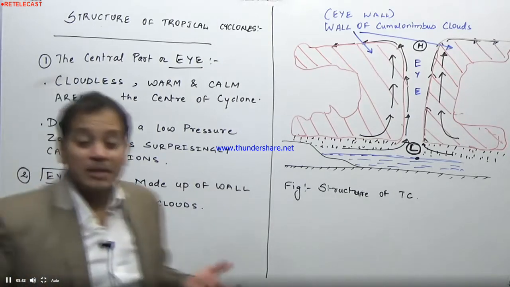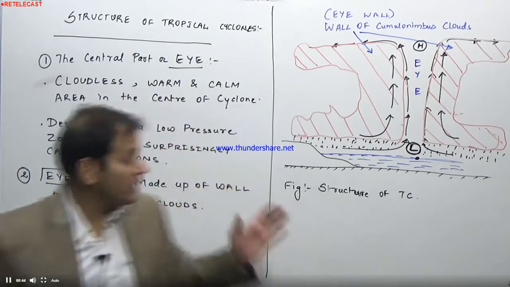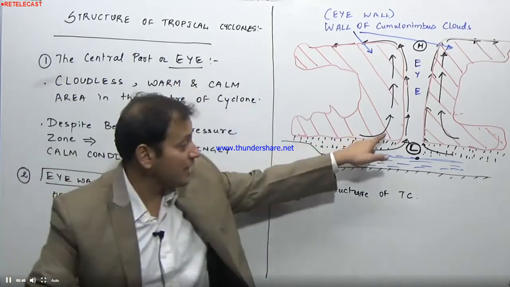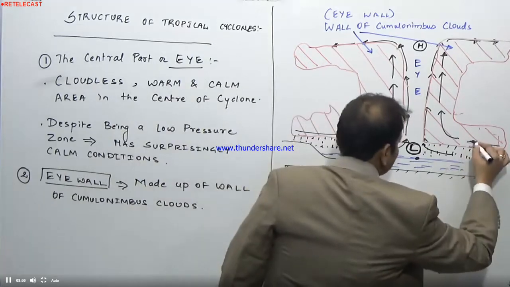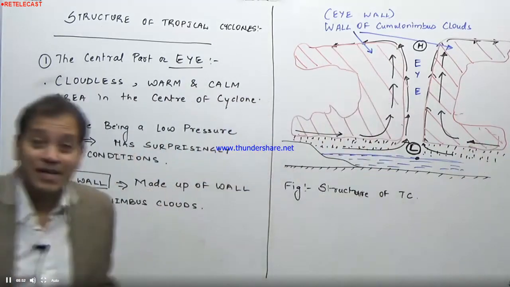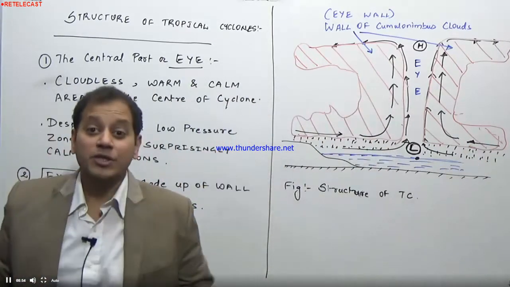Obviously, because it is made up of a wall of cumulonimbus clouds, and as you can see in the diagram, if you are standing here, this is an area which receives winds from all the sides. So this is an area which has the most destructive potential.